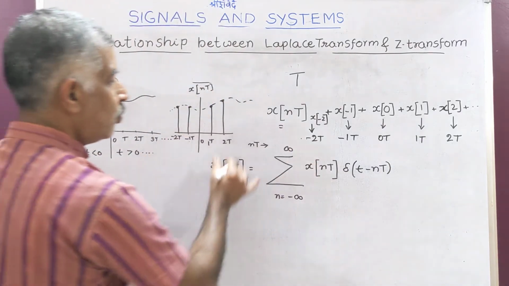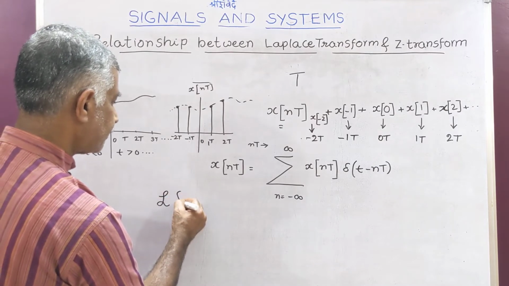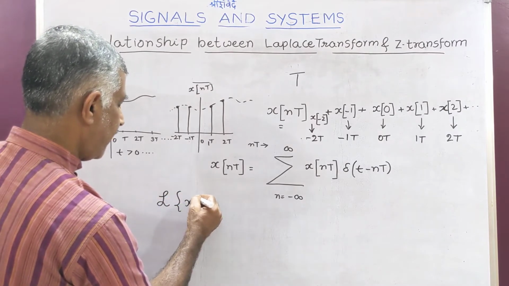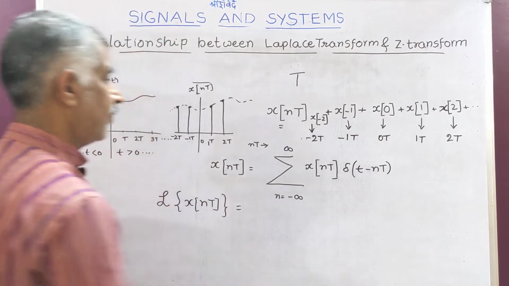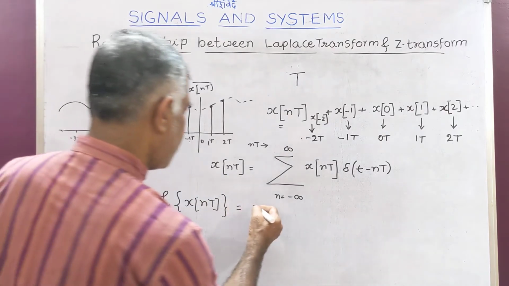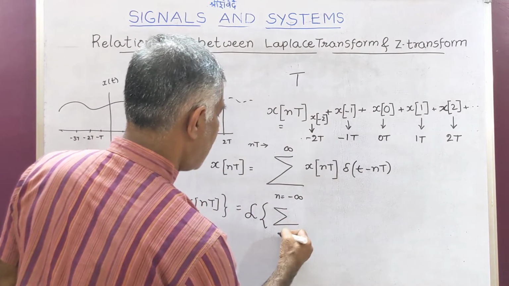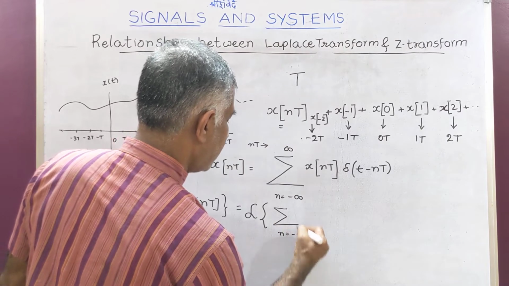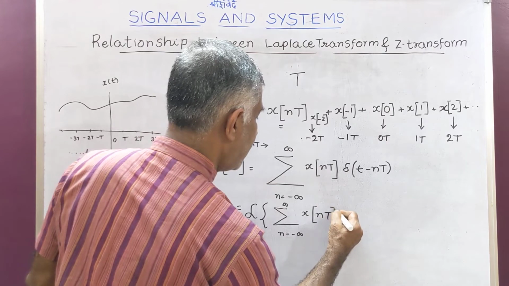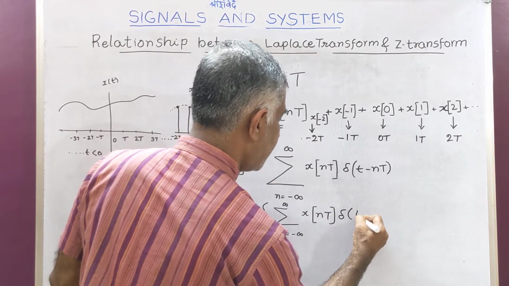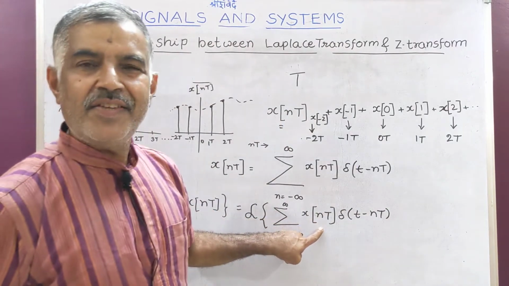Now for this you take the Laplace transform. Laplace transform of x of nT. On the right hand side, under the summation from minus infinity to plus infinity of x of nT delta of t minus nT. Now x of nT is a constant.